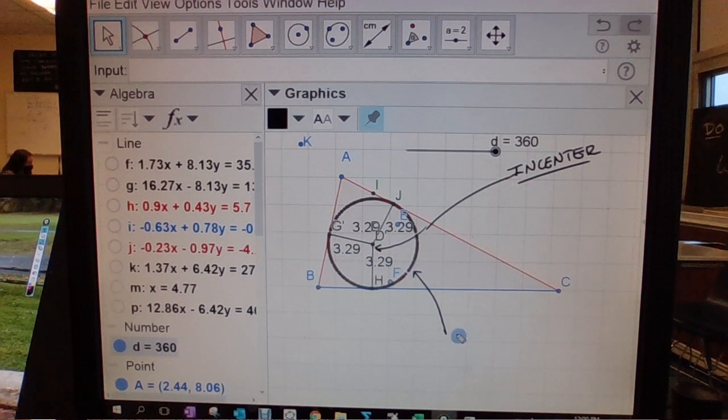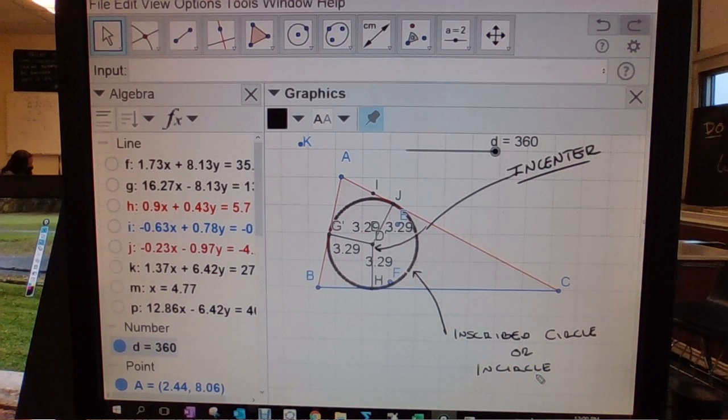The circle is the inscribed circle, or referred to sometimes as the incircle. The way I remember it, "in" means, like we know what "in" means. Scribed is drawn, so it's drawn on the inside.